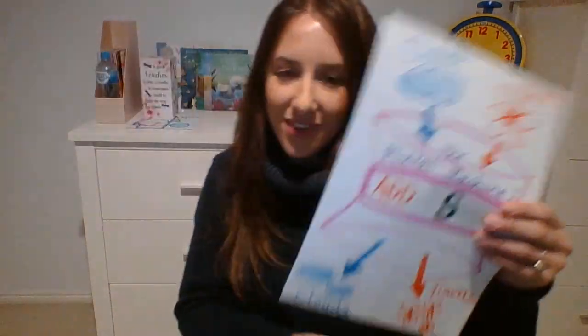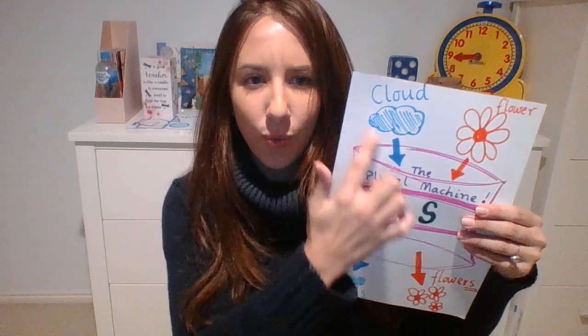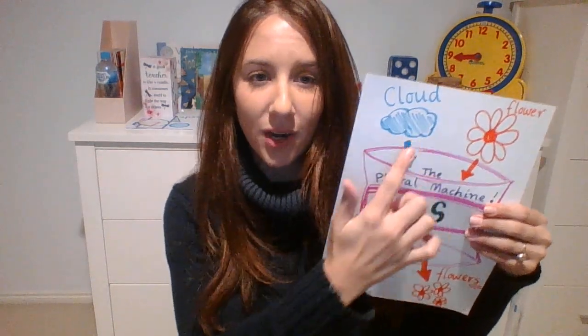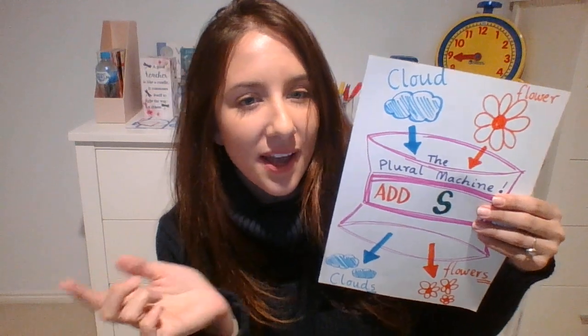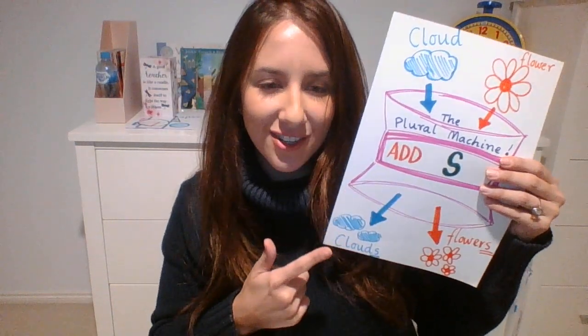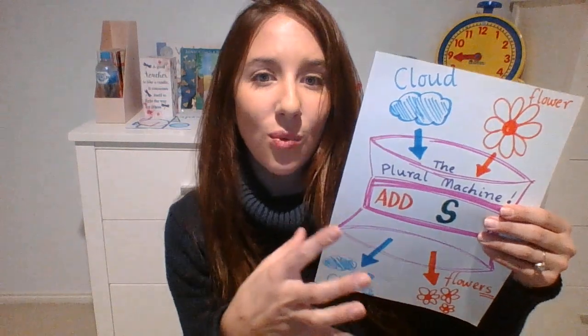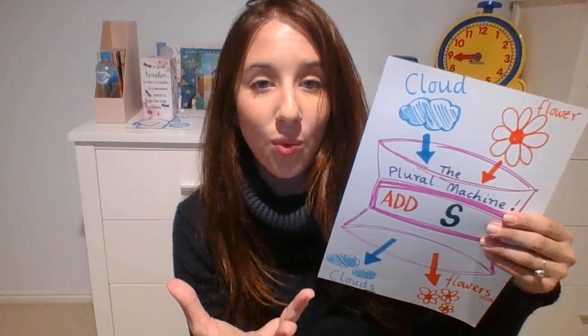Now, this shows us what a word looks like when it's not plural, and we call that singular. And then when it goes into the plural machine, it comes out as a plural. So here we have the word cloud, okay? Now we know that when a word is not plural, it is singular and there is just one, okay?